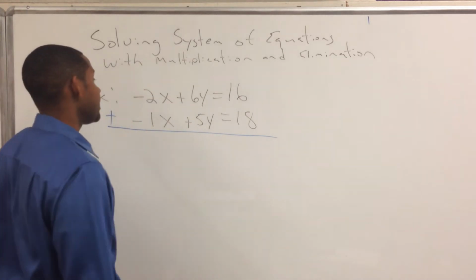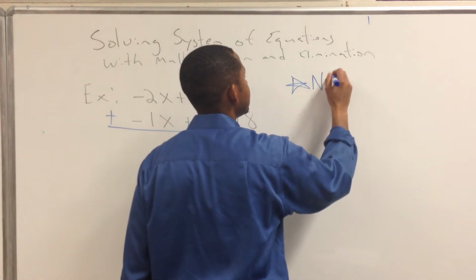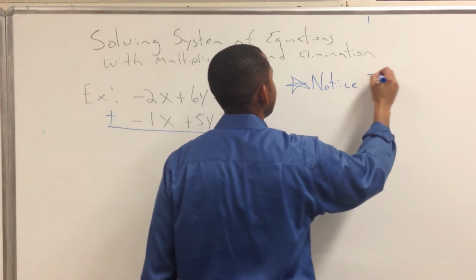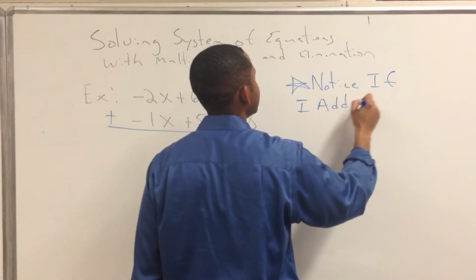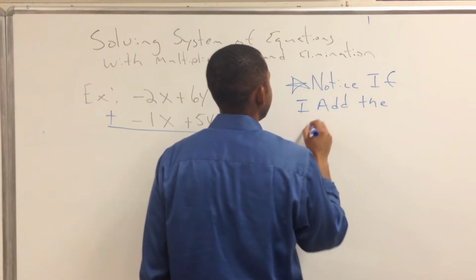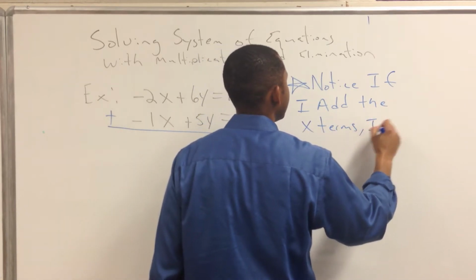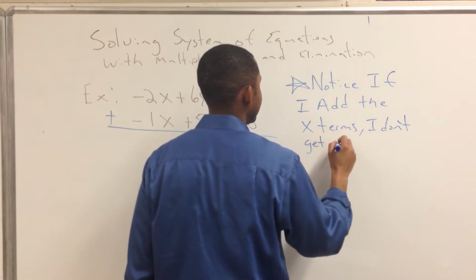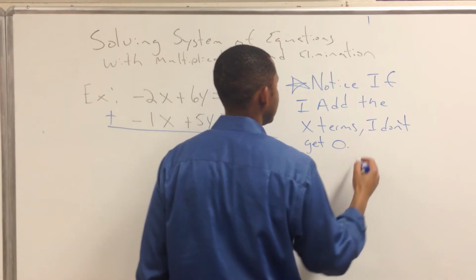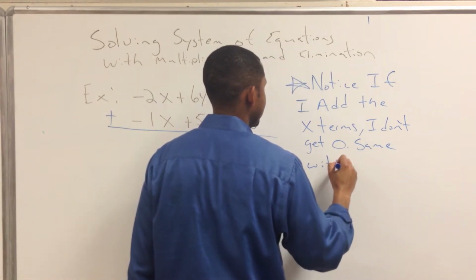But if I add them together, so I'm going to put a star, and this is going to say notice. If I add the x terms, I don't get 0. Same with the y terms.